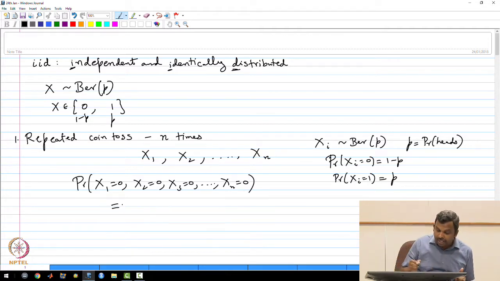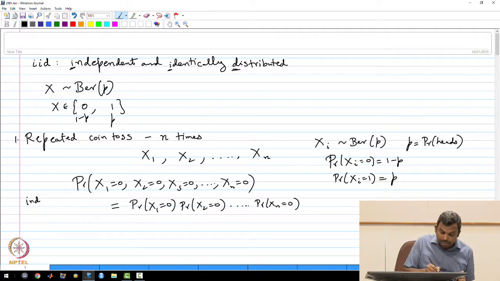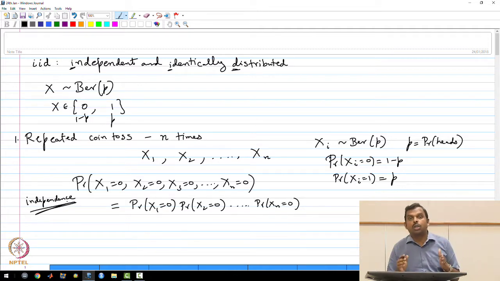Because they are independent, you will have first this happening. Remember once again very, very clearly, this is because of independence. If independence is not true, if the successive coin tosses are not independent, this is not guaranteed.